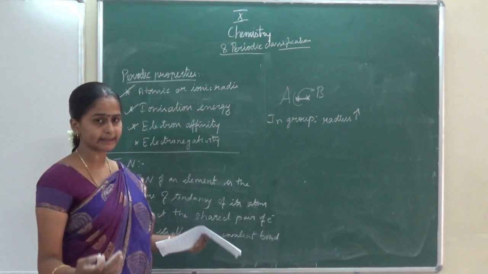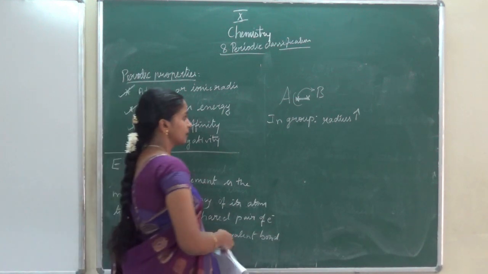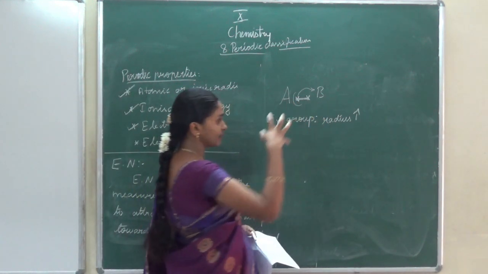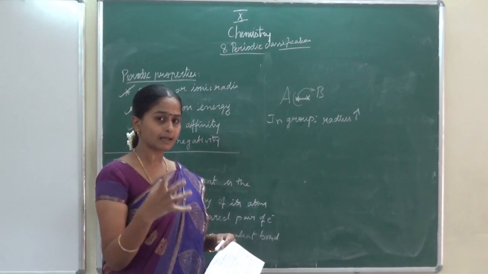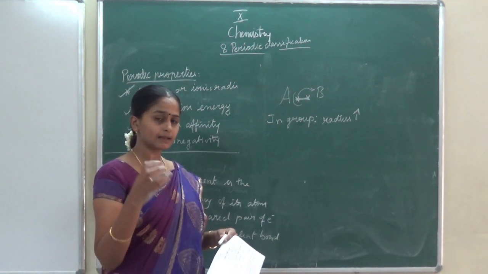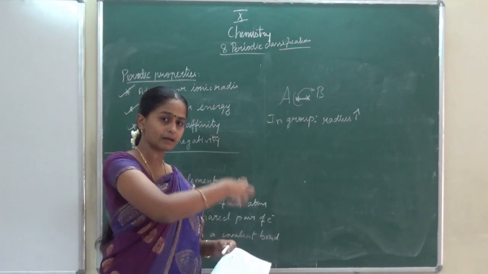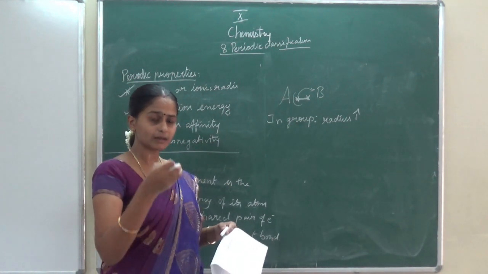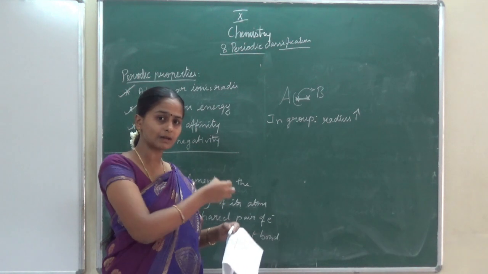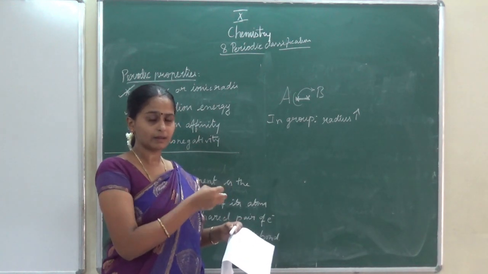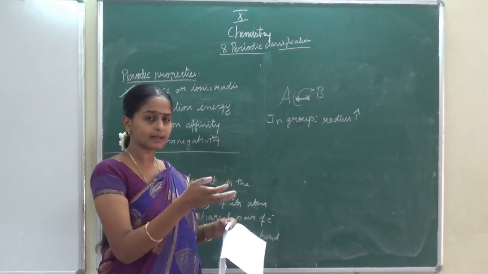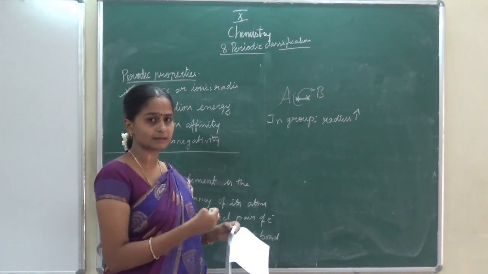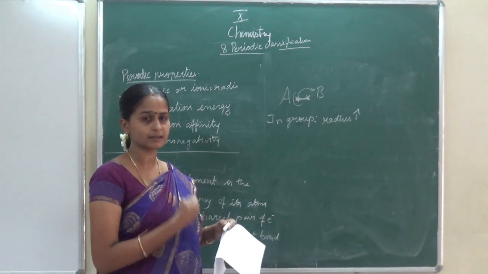When the radius is large, the size is large, the atom cannot attract the electrons towards itself. Why? Because the nucleus and the outer shells are quite far away, at a large distance. So it cannot attract the electrons so firmly.